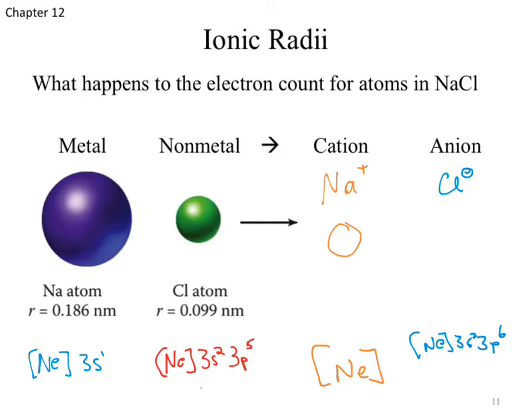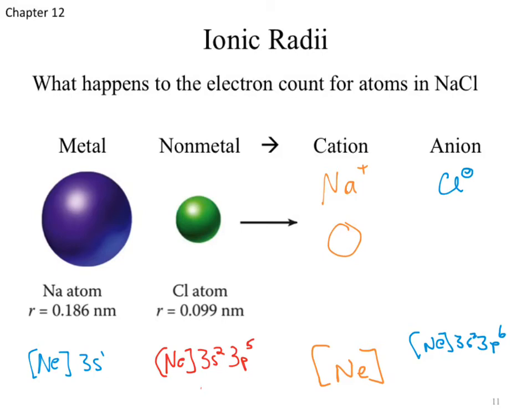But when we looked at that trend with our atomic radius, going left to right on the periodic table, what happened? We increased the amount of protons in the nucleus. When we moved from chlorine atom to chloride ion, did we change the number of protons?